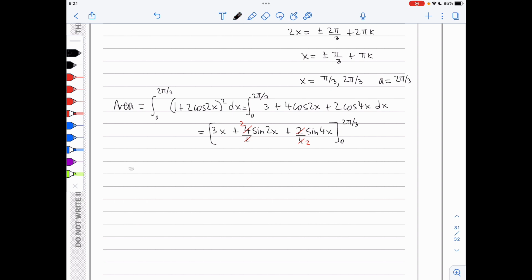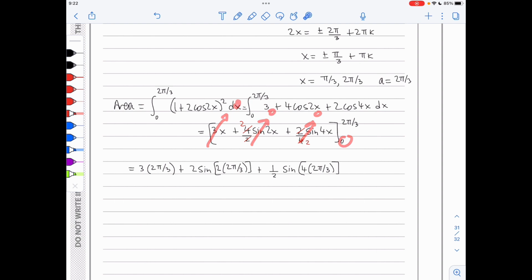So this is giving me 3 times 2 pi over 3 plus 2 sine of 2 times 2 pi over 3 plus a half sine of 4 times 2 pi over 3. And if I substitute the lower limit of 0, all of these will give me 0.